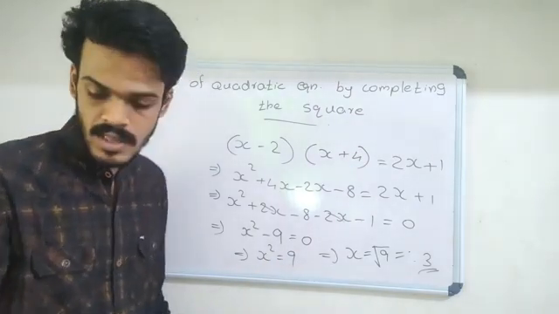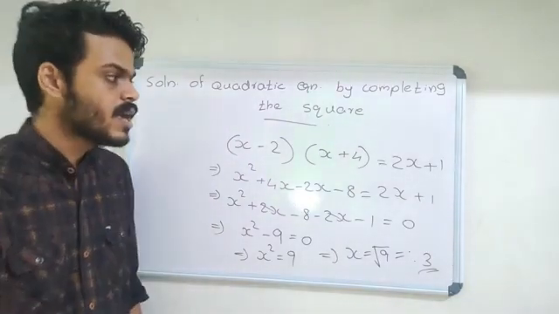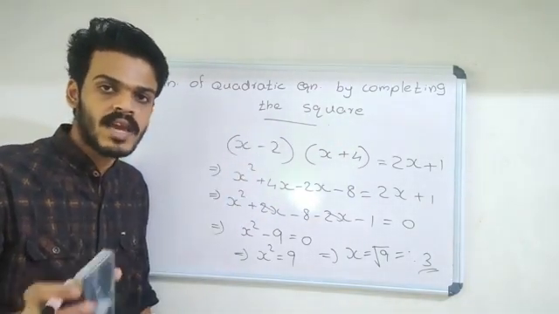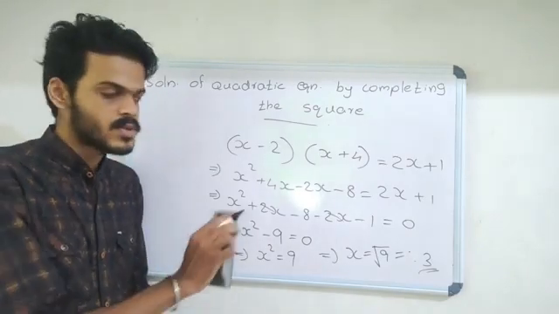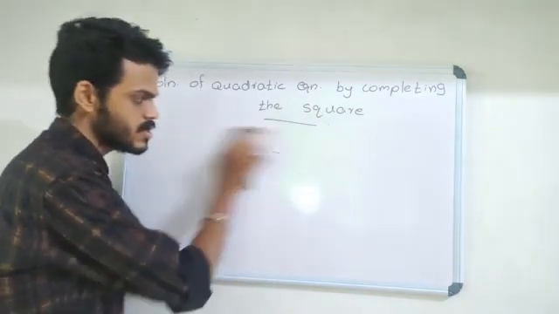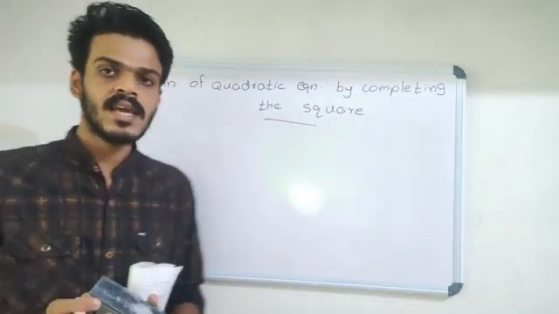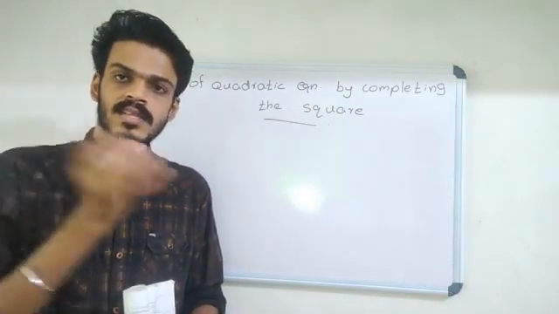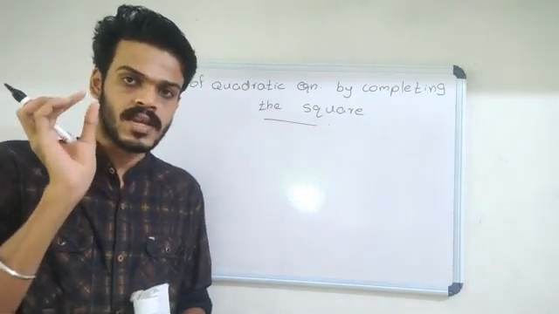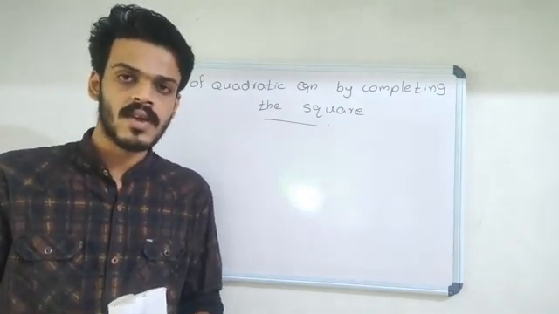So in this way, by completing the square, we can find the value of x easily. Note, in this question, one more example I will tell you, then you will understand better. If x is in a square form, that is, if there is a square of x or related terms of x, then we can easily find the value of x. Okay.